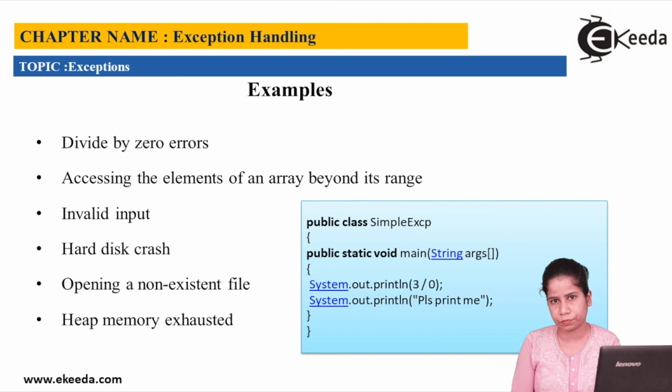Invalid input, hard disk crash. While running the program, my hard disk got crashed. I can't do anything about that. This comes under the error category. Opening of non-existent files, heap memory exhaustion.